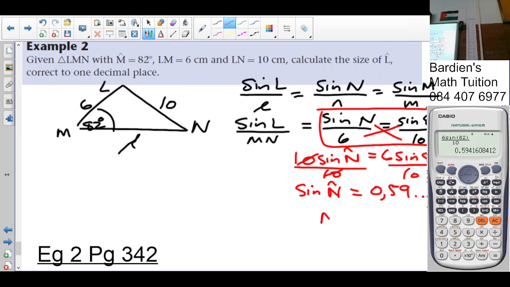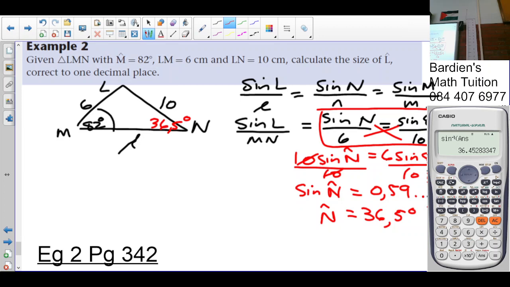So how do I get angle N? Arc sine. So you shift sine, arc sine. That answer gives you 36.5 degrees. But I haven't answered the question yet.